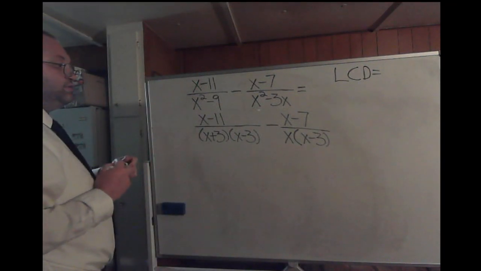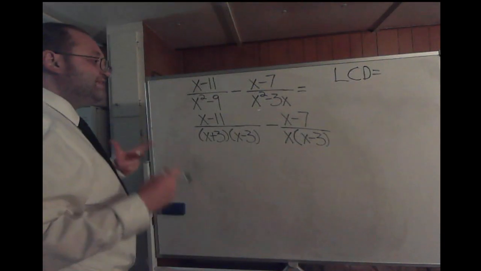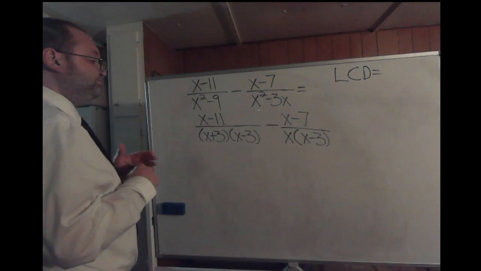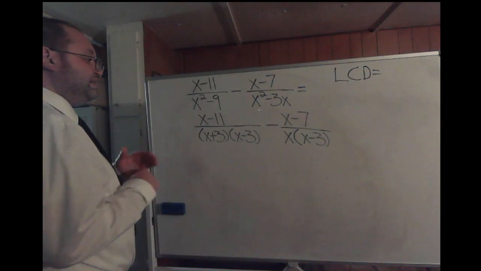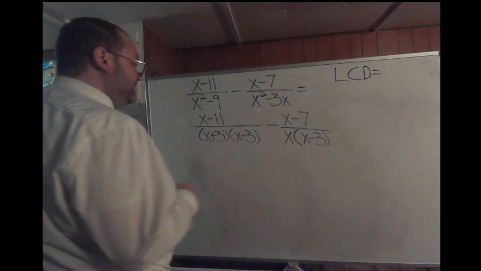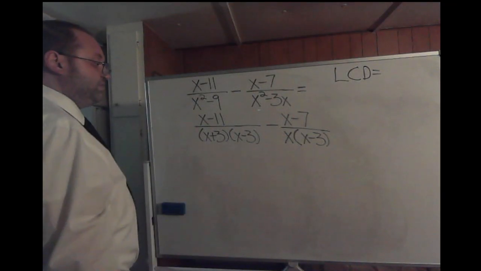Alright, so we still have two different denominators, but it's factored out. Should make your life a little easier. So, what we have to do here, we have to come up with the least common denominator. Well, they both have an x minus 3 in common. That much they have going for them.